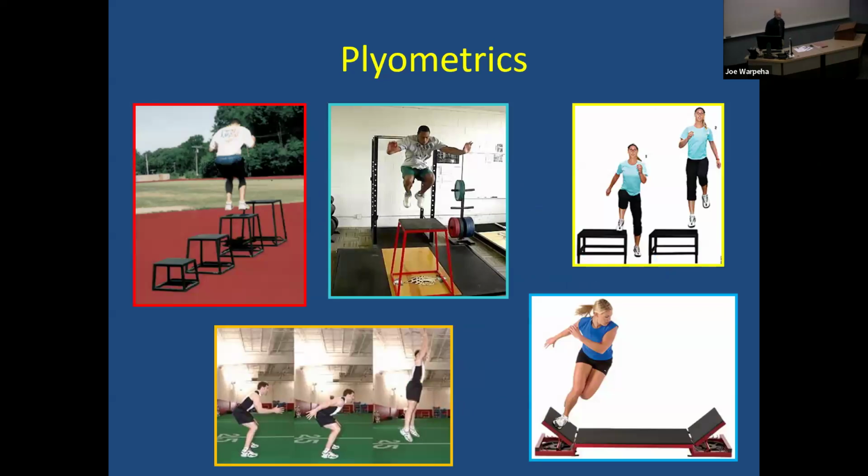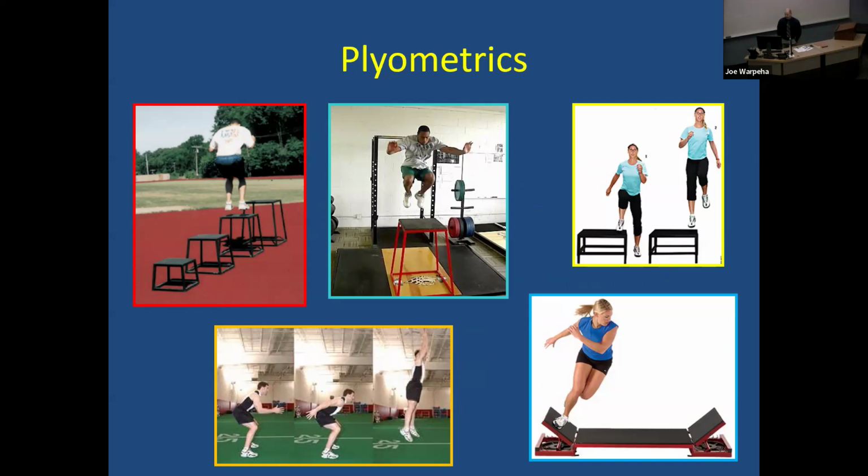So here's an example, just a snapshot of some plyometric activities. Those of you who have done plyometrics are probably familiar with things like jumping on and off of boxes of various heights, or jumping over hurdles, or one leg jumping over small hurdles on the ground. A lot of stuff in that kind of plane of motion.